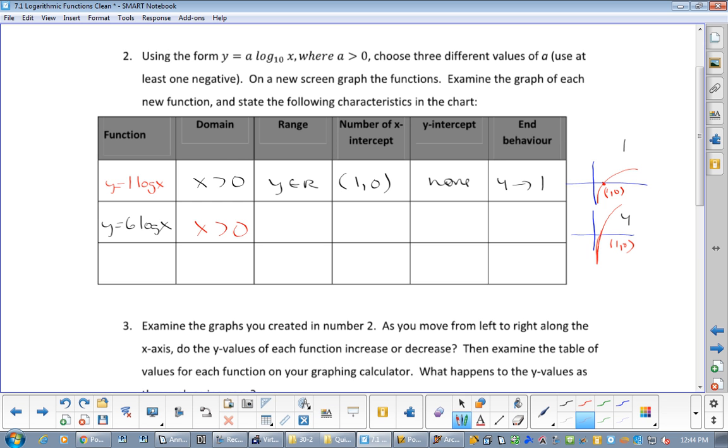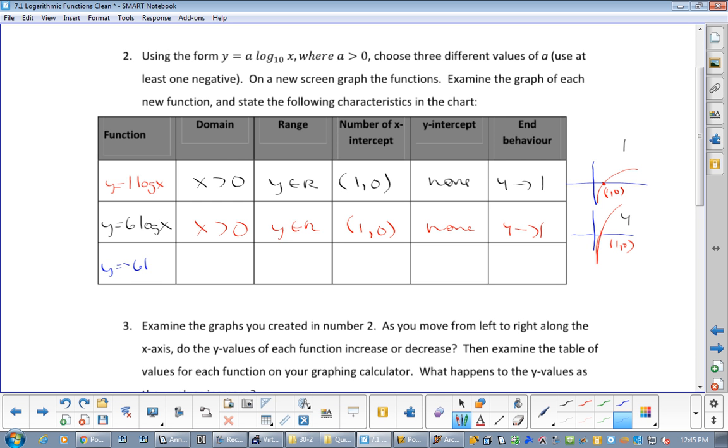X greater than 0. Range. Y is in the reals. X-intercept. 1, 0. No y-intercept. And end behavior? 4 to 1.